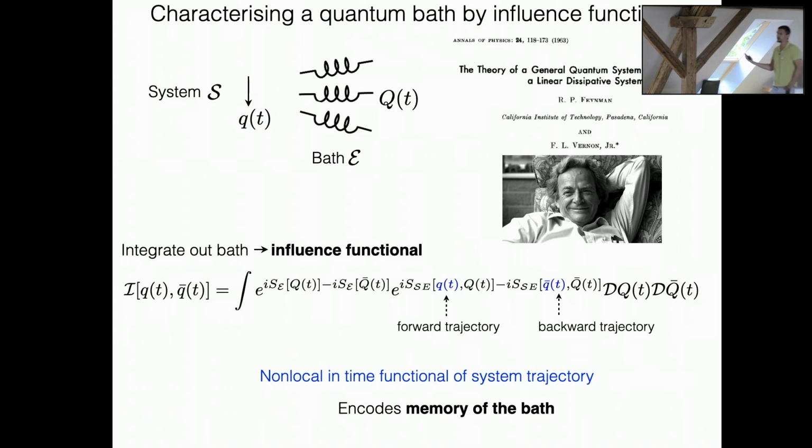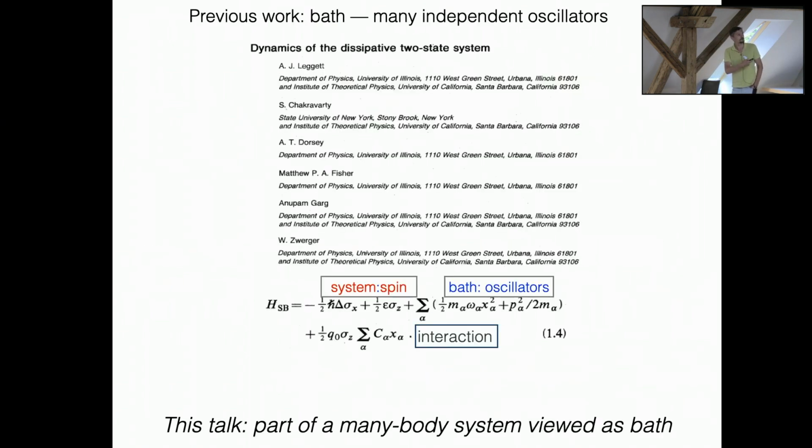In general, this functional is non-local in time, so it encodes the memory effects of your bath. In the context of, for example, dissipative two-level systems, that has been really a starting point, because for a bath of harmonic oscillators you can explicitly compute the influence functional, and various clever approximations have been developed to describe the dynamics of the system.